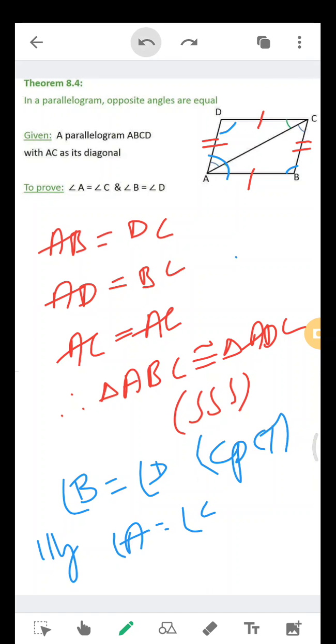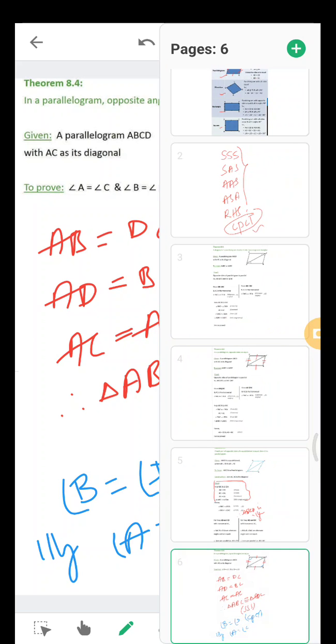For that, you need to draw the diagonal in this way, and you can write similarly. So this is the way we can prove different theorems. There are different ways of proving it. You can follow any one suitable way. So complete all the theorems in your classwork.